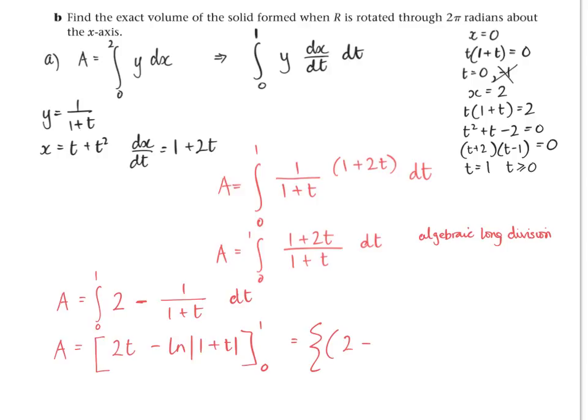We get 2 minus ln 2, and then we're going to get 0 minus ln 1, and that second part's just going to be 0, so we'll get 2 minus ln 2 is the area of our parametric curve. Right, we come to do the volume now.